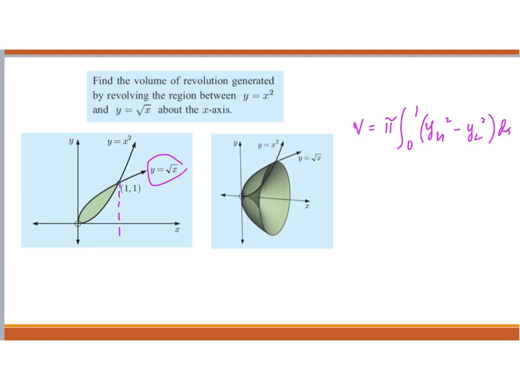In this case, the upper function is square root of x, so we will square that, minus the lower function, x squared, that's x squared squared, dx.